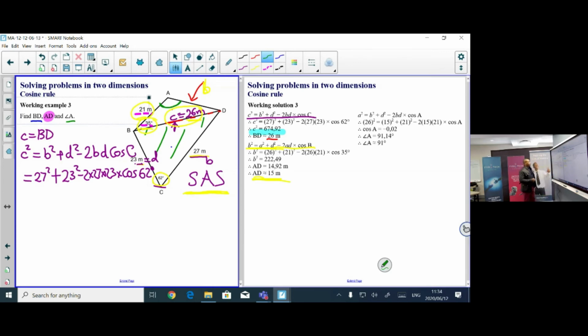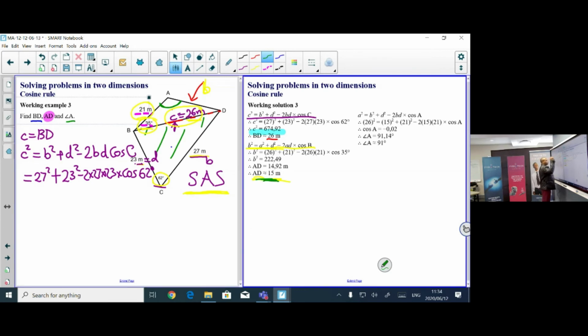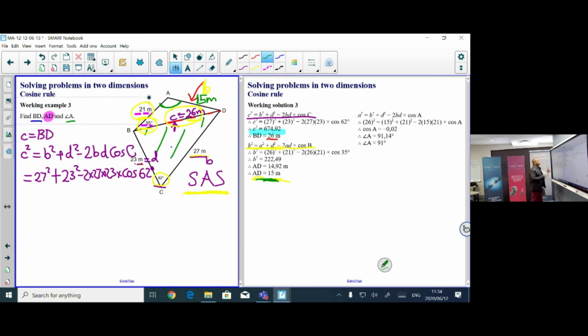We do have a lot of information in both triangles, but A happens to be in the small triangle only. So we check if we have enough information in that small triangle. Remember, we found AD just now, so remember to populate it on your diagram. Here I'm putting it as 15 meters.